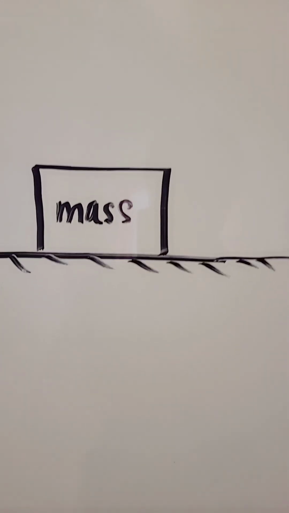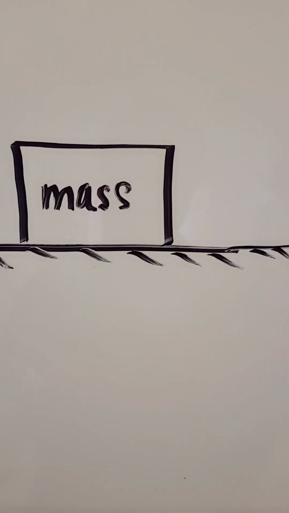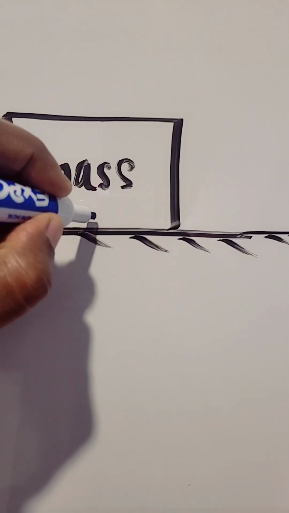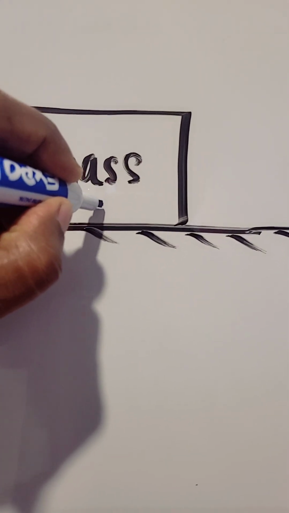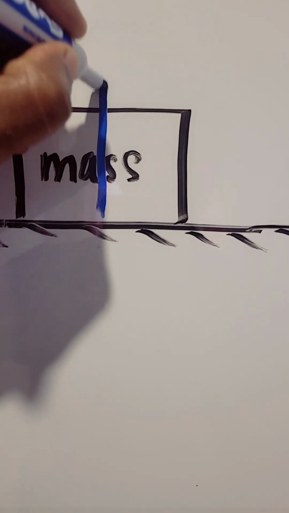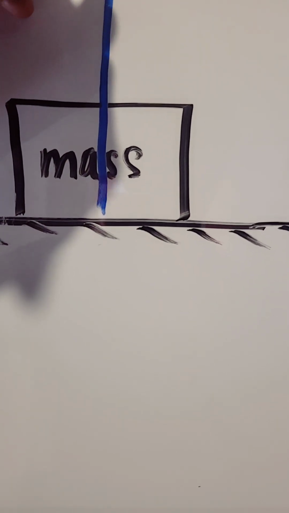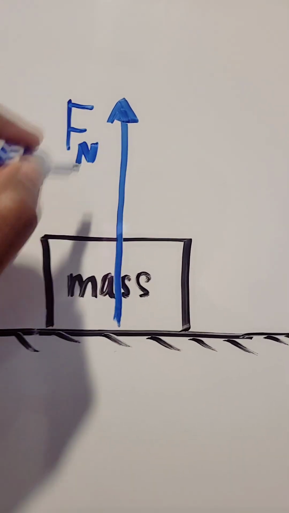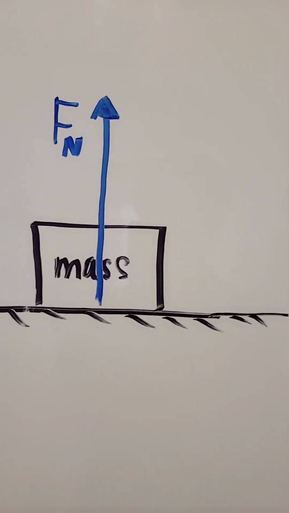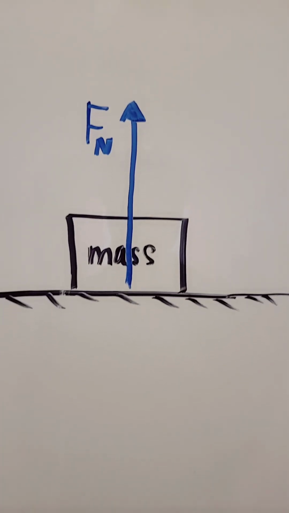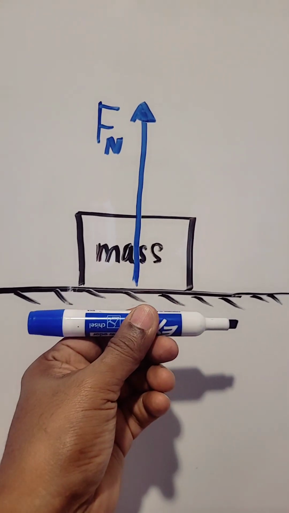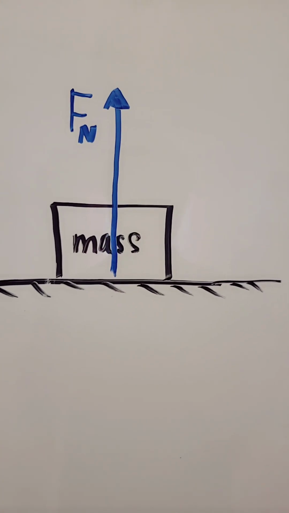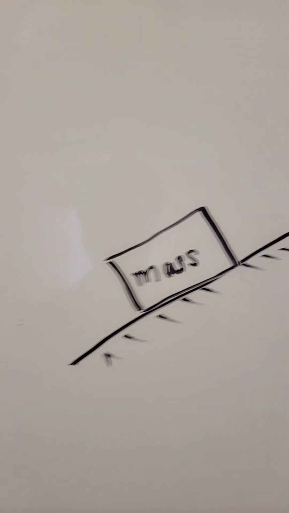So the correct way to draw the normal force acting on the object is in this direction. You draw an arrow like this. That's what we call the normal force, F of n. That's how you correctly show the normal force acting on the mass if the mass is on a flat horizontal surface.